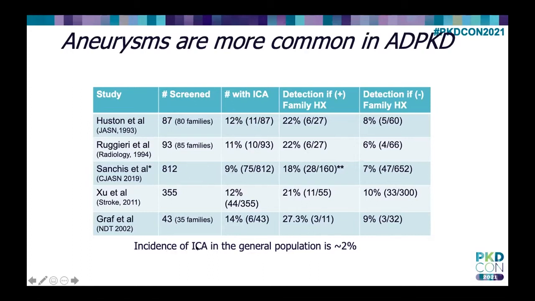The incidence of intracranial aneurysms in the general population is only about 2%, so this is about 4 to 5 times the risk. If you then look at the rate of aneurysm in those people with PKD and a positive family history of aneurysms, all of a sudden that jumps to somewhere around 20%, which indicates that having a positive family history is a very important risk factor for developing aneurysms in polycystic kidney disease.